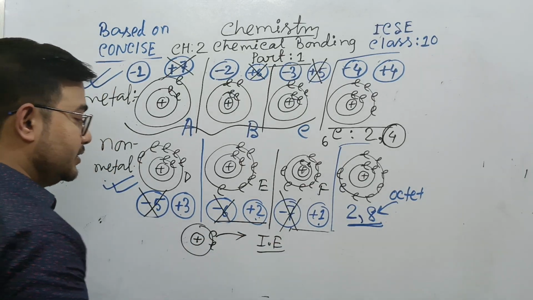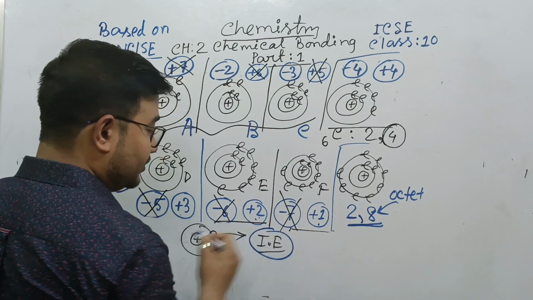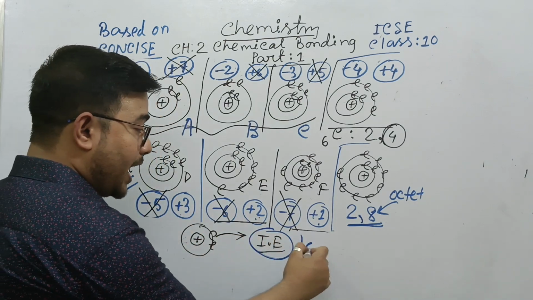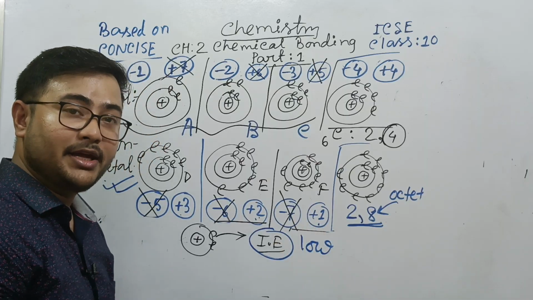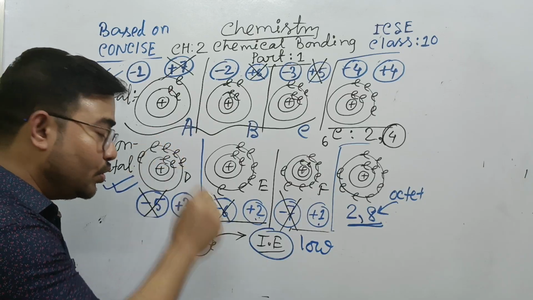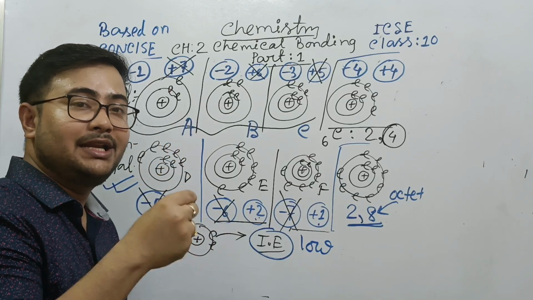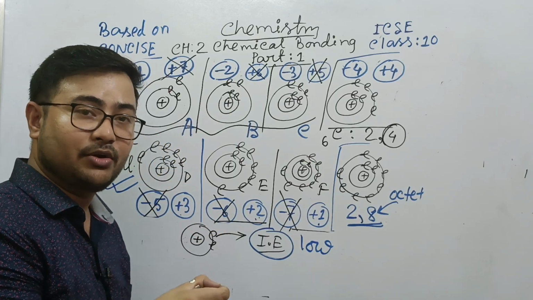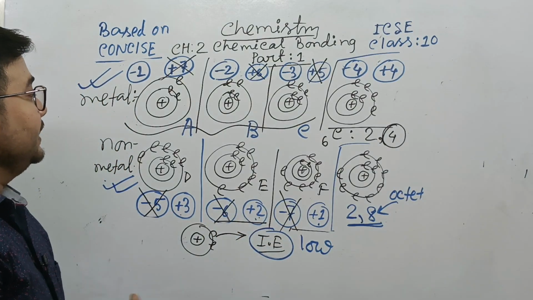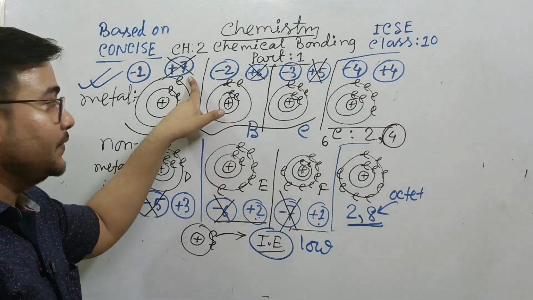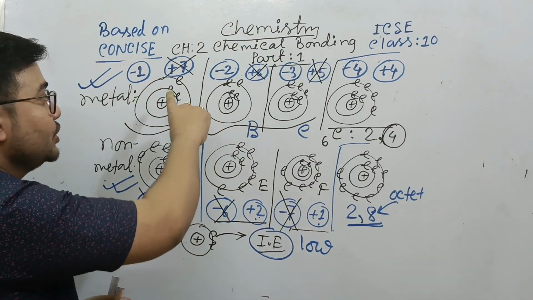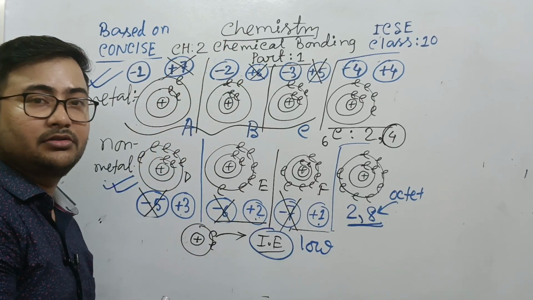So if there is very strong attraction, they cannot release. So what will you tell now, they have low ionization energy. Why? Low ionization energy means a low amount of energy is required to release this electron. So this atom easily loses this electron.